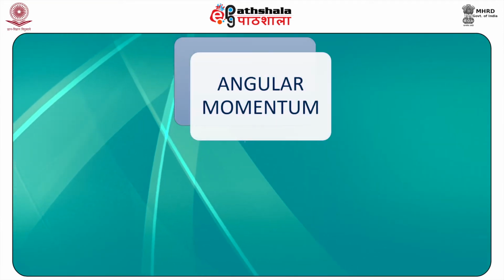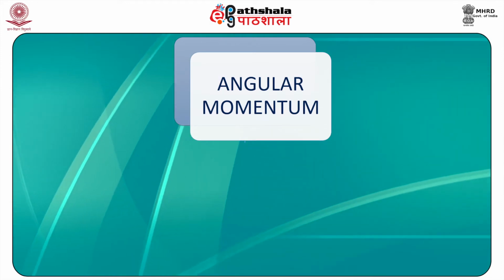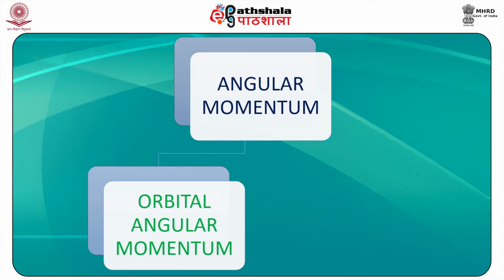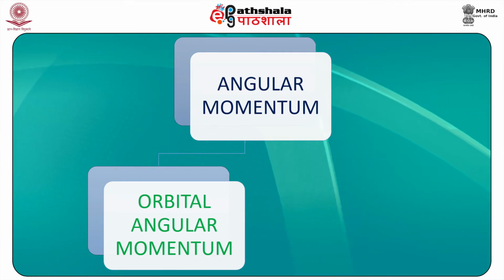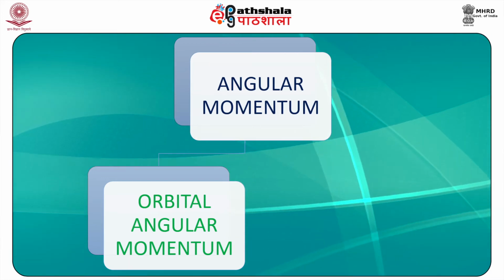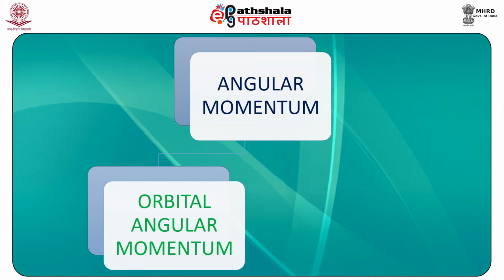Now, we come to the next important topic. Up till now, we have discussed angular momentum. But in quantum mechanics, we encounter two types of angular momenta. Number one, orbital angular momentum denoted by capital L, which is due to the circular motion of the object under consideration through space and is analog of classical angular momentum.